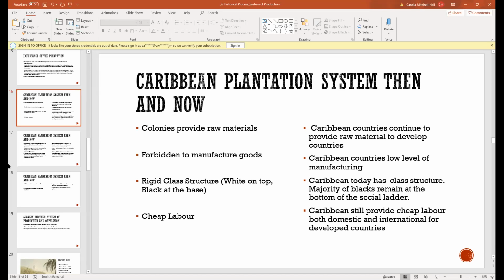The colonies were not permitted to manufacture goods. And on the slave plantation, the sugar plantation, they used African labor because it was cheap. That's one of the reasons why African labor was used. Another feature of the plantation was that it had a very rigid class structure.